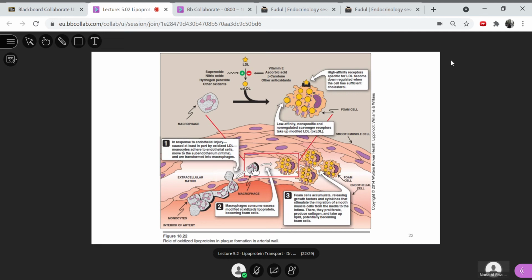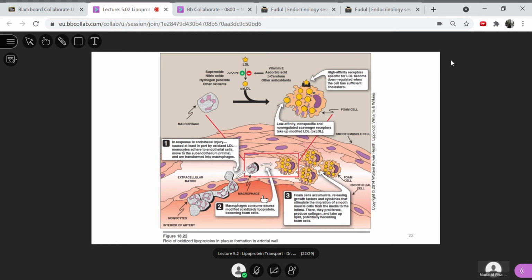They are then transformed into macrophages, and the macrophages will consume more and more of these modified or oxidized LDL particles. Because they are small, the smaller the LDL particles, the higher the risk because they can penetrate easily and induce damage.